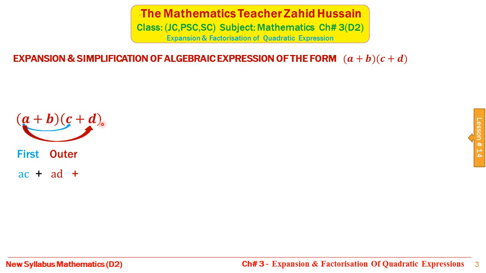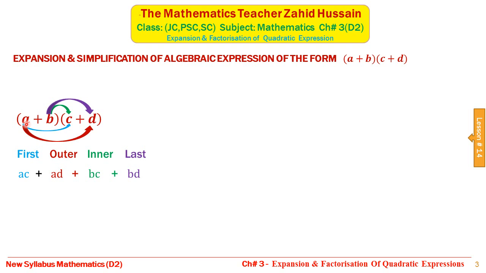A is the outer term and D is the outer term of these two brackets. Then we will multiply inner with inner, that is the second term of the first bracket with the first term, and second term of the first bracket with the second term of the second bracket.